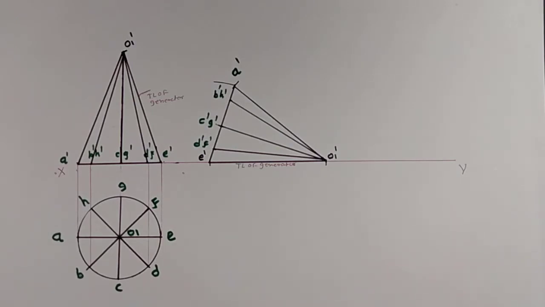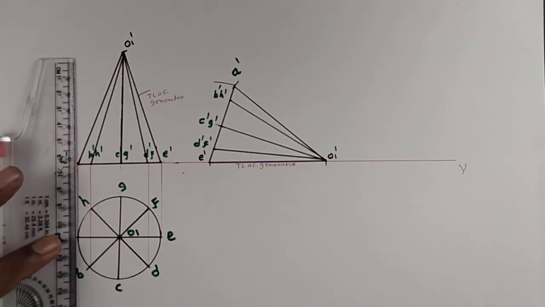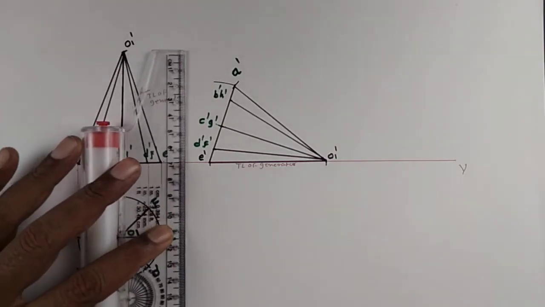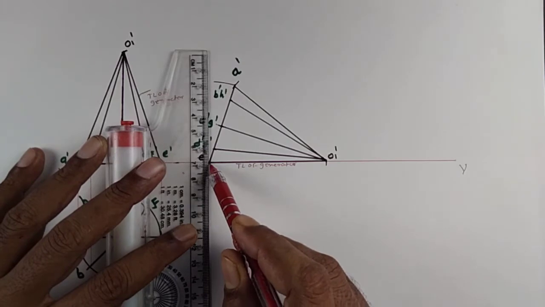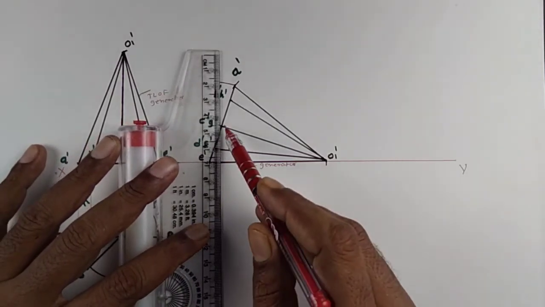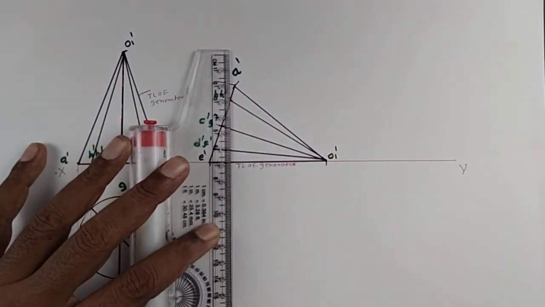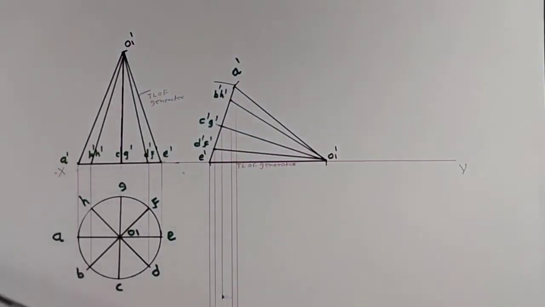Now, what is the plan? The top view. For the top view, first we project all the vertical projections from the elevation: this projection from E, this from B dash H dash, this from C dash G dash, and this from A dash.